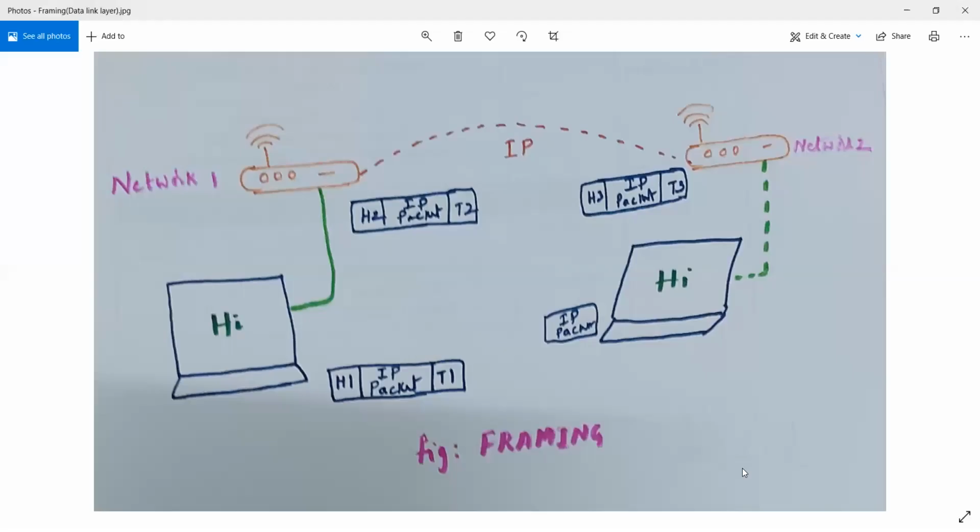Sorry for the delay. So this is framing. Once again, I'm repeating, framing means access the media.